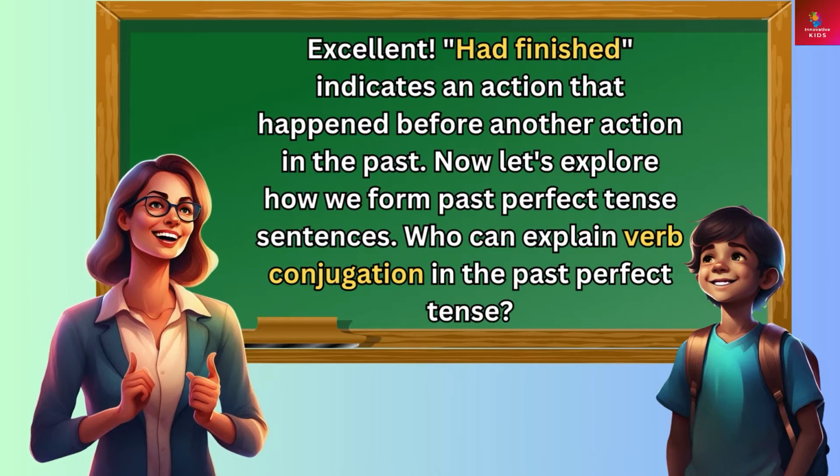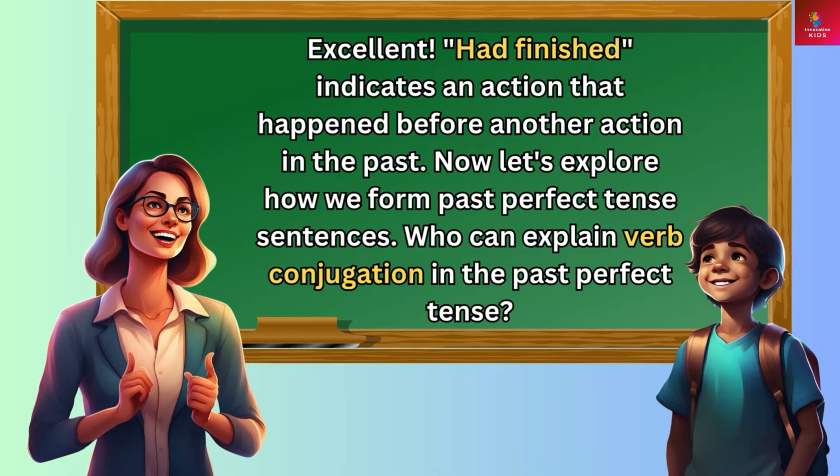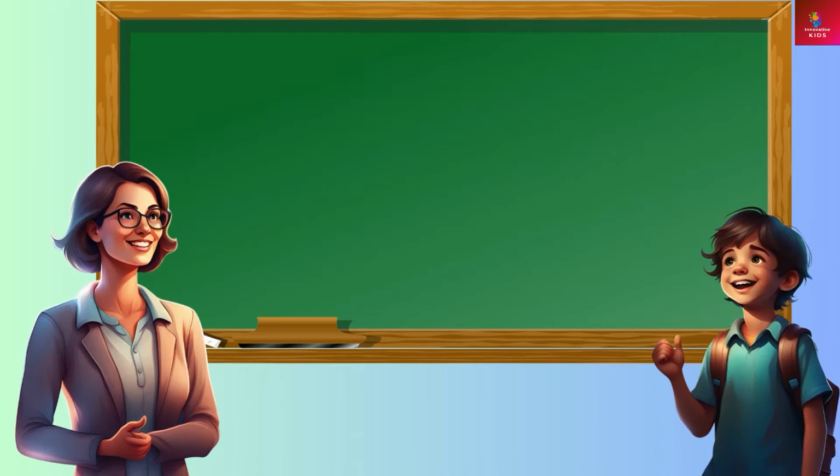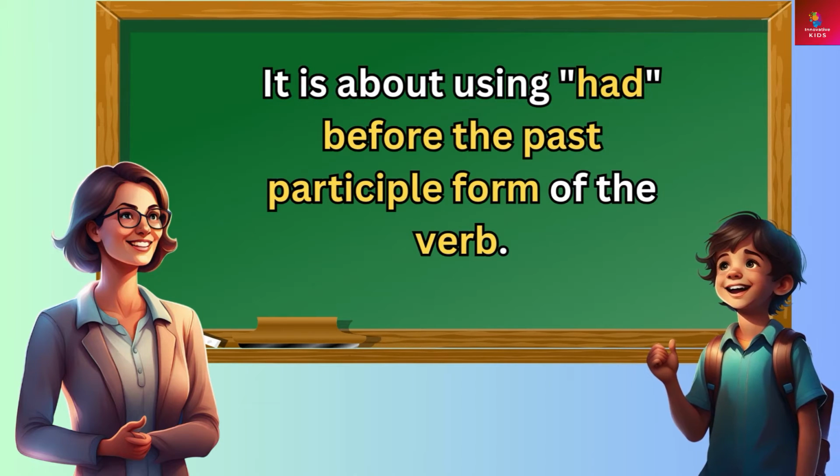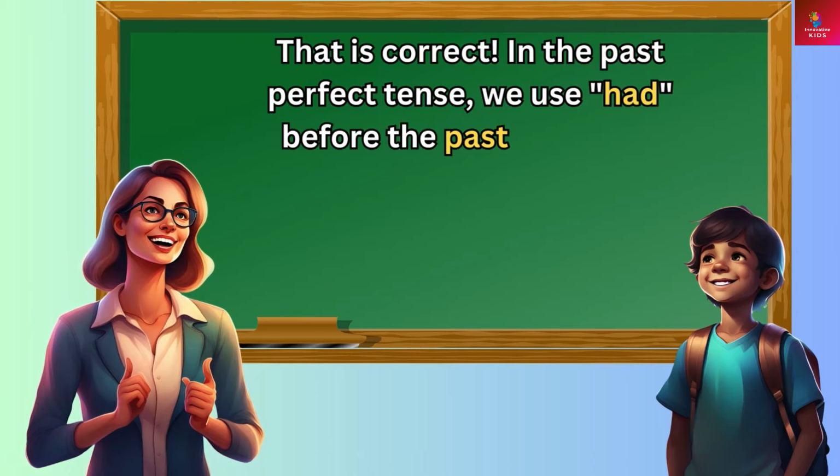Now, let's explore how we form past perfect tense sentences. Who can explain verb conjugation in the past perfect tense? It is about using had before the past participle form of the verb. That is correct.